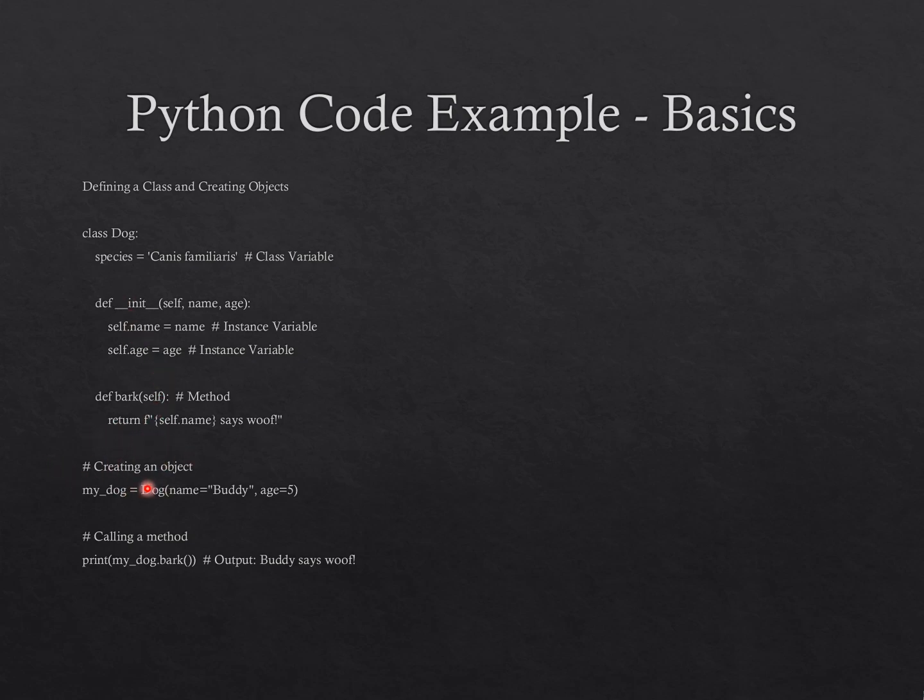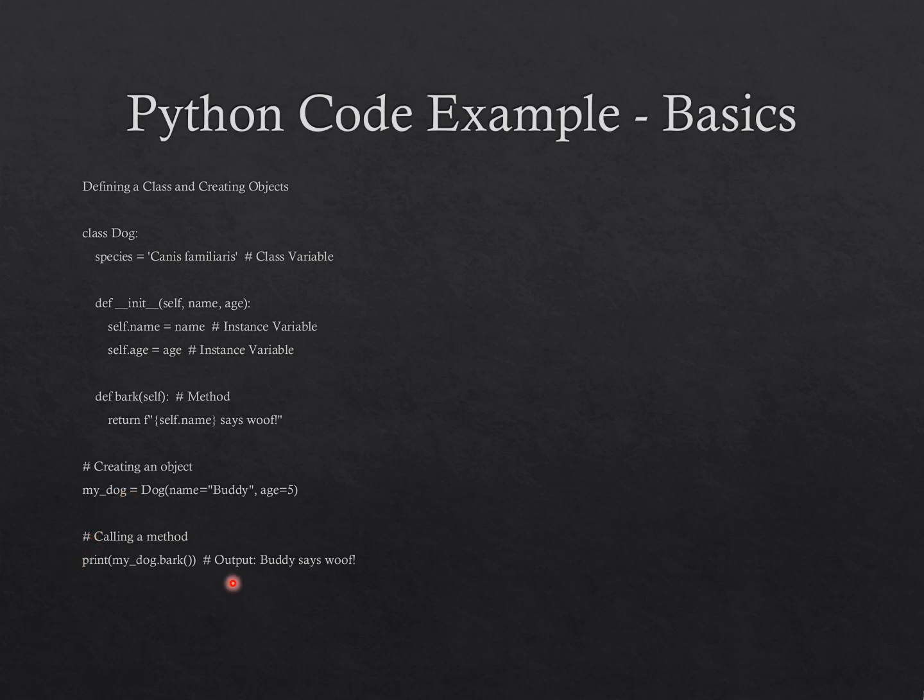Then here you see we are creating an object from that dog class. So my dog is nothing but an object created from this dog class, and we are also initializing those instance variables. For name I am putting buddy, for age I am putting 5. So this is an instance of the dog class.